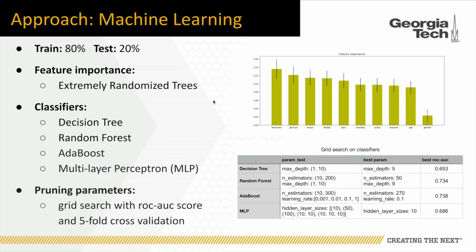Then we try different classifiers such as decision tree, random forest, and also some ensemble methods like AdaBoost or MLP. We tune our parameters through grid search and evaluate the performance of our models by ROC-AUC scores. The table shows the parameters we have tested and the best parameters we get after the grid search.